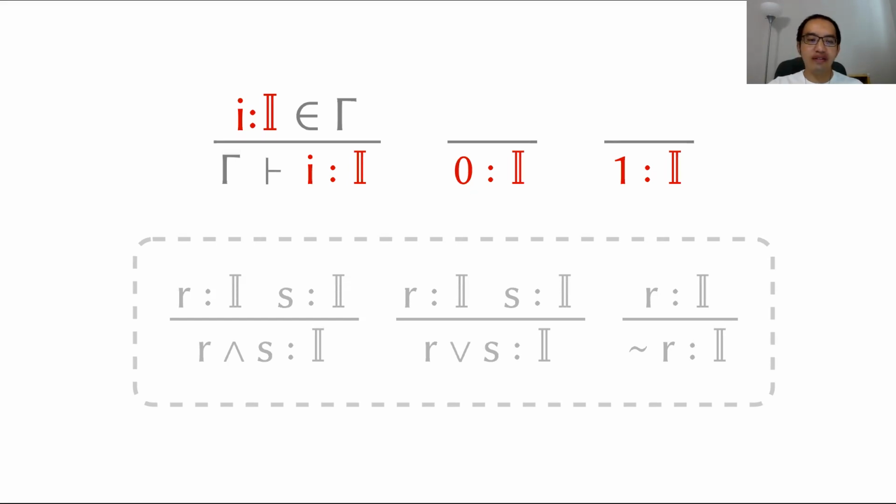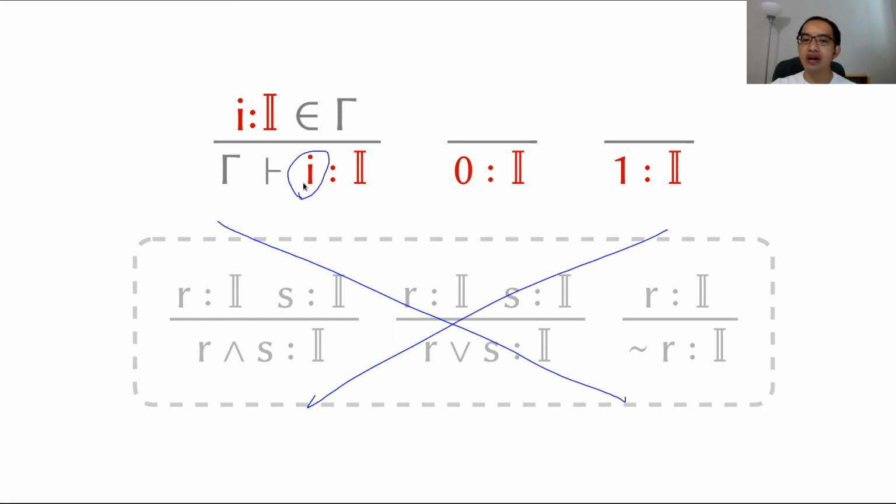In cubical Agda, you have something additional. For example, you have the and, the meet, and the join, and you also have this tilde representing the reversal. In the variant I'm going to talk about today, you don't have any of this. You only have i as the variable, and 0 and 1, and nothing else. This is the first major difference I want to show you from cubical Agda.